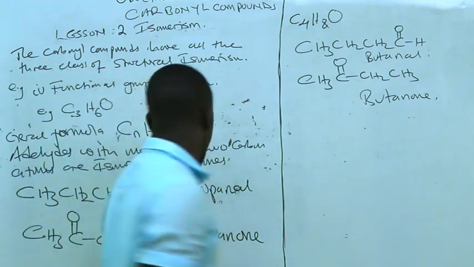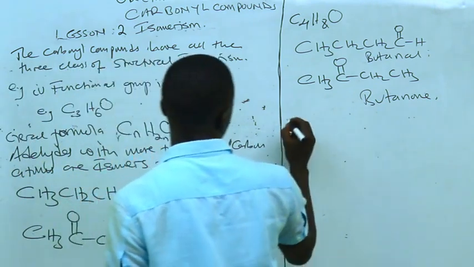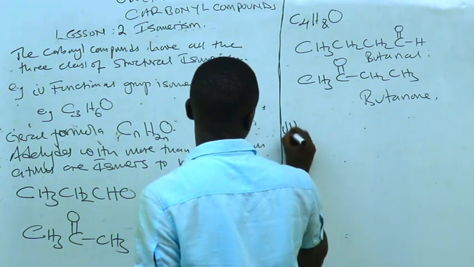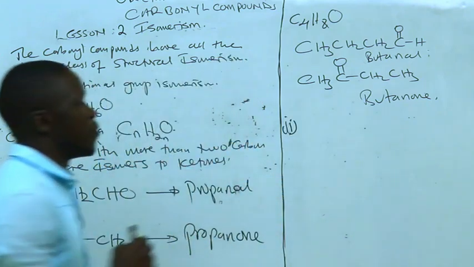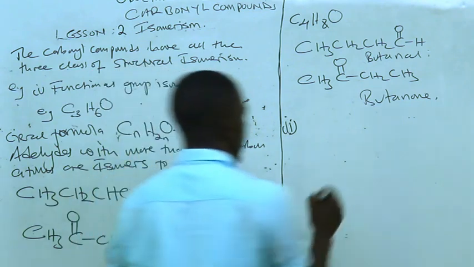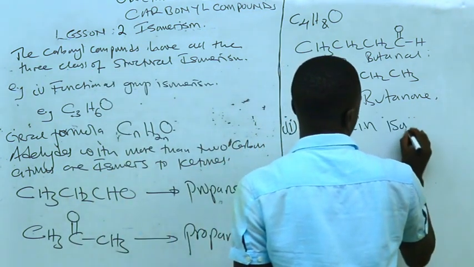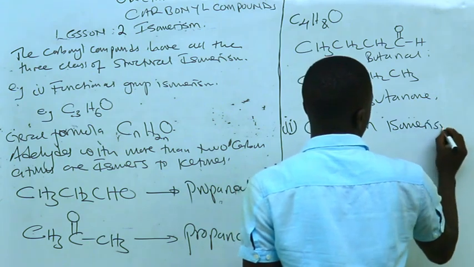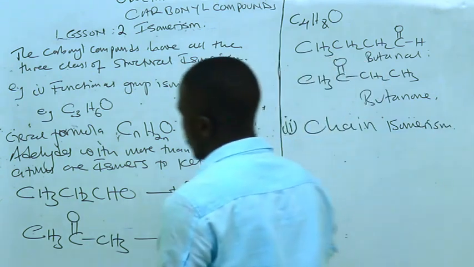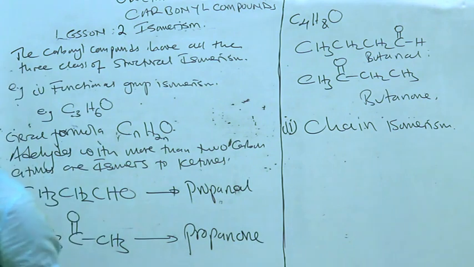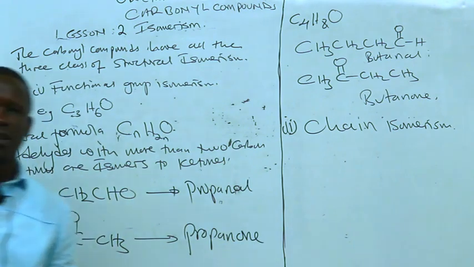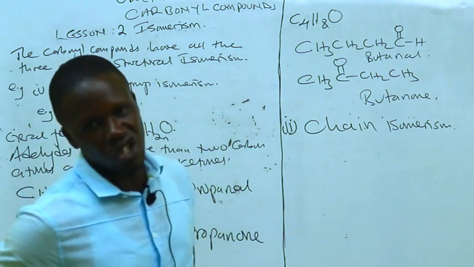Then let's look at another type of structural isomerism present in carbonyl compounds, and that is chain isomerism. In chain isomerism, the compounds are going to differ in terms of the arrangement of the carbon atoms within the carbon chain.